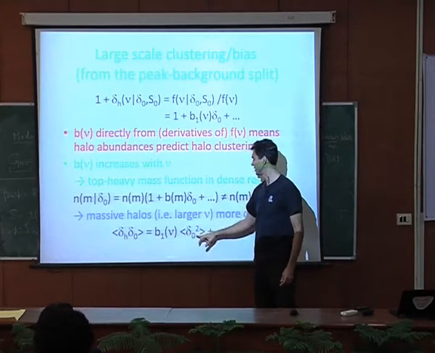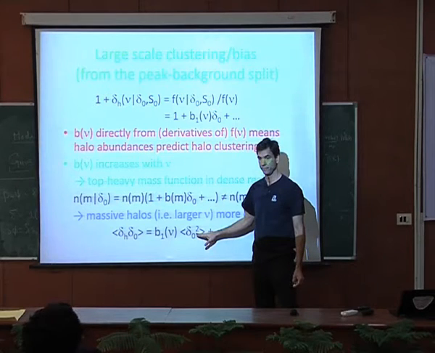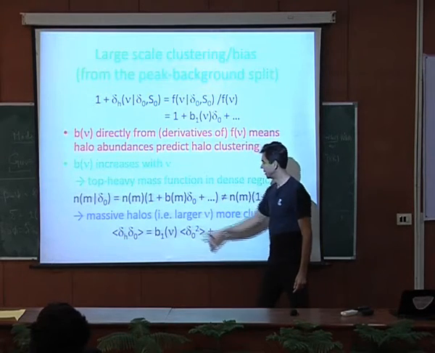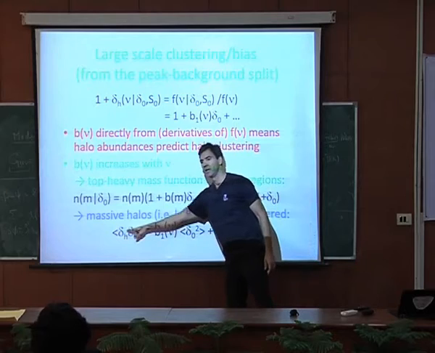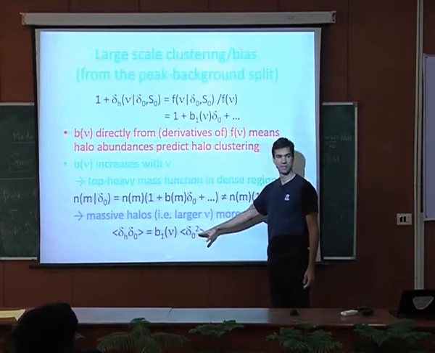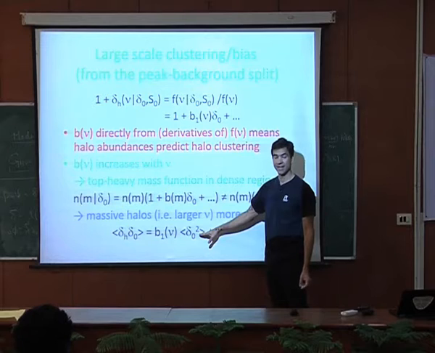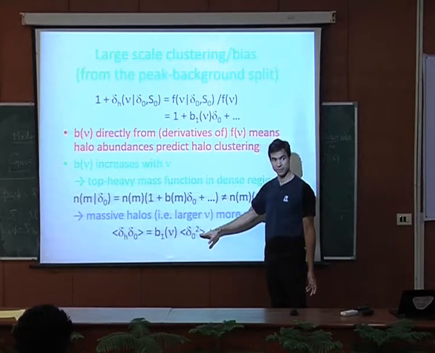B1 is a constant. Delta matter with delta matter is the power spectrum. And so the cross correlation between halo and matter is B1 times the correlation function of the matter. It's a biased version of the correlation function of the matter. It has the same shape as the correlation function of the matter.